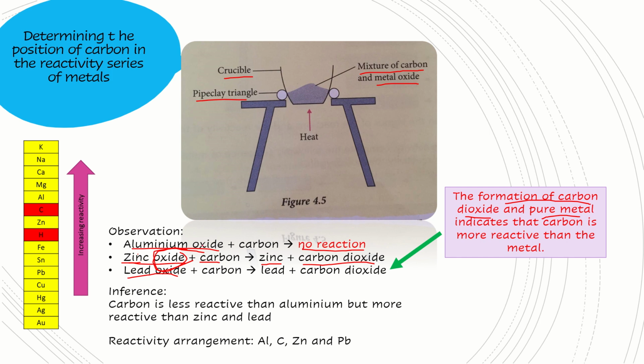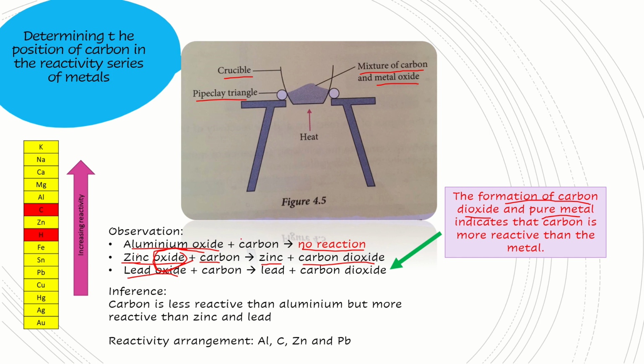Kenapa aluminium oxide when it reacts with carbon there's no reaction? Because aluminium is more reactive than carbon. So carbon is unable to remove oksigen from aluminium oxide. Dia tak boleh, carbon ni dia tak boleh nak ambil oksigen daripada aluminium.